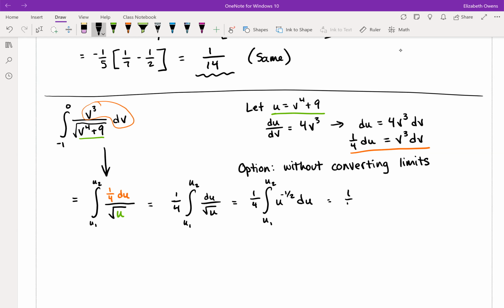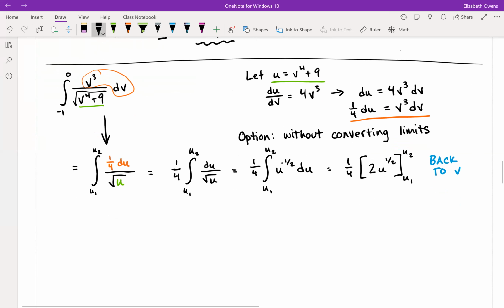And then you can take your antiderivative. Okay. There we go. And now we're going to take this back to our original variable v, so that we can actually work with our limits here.